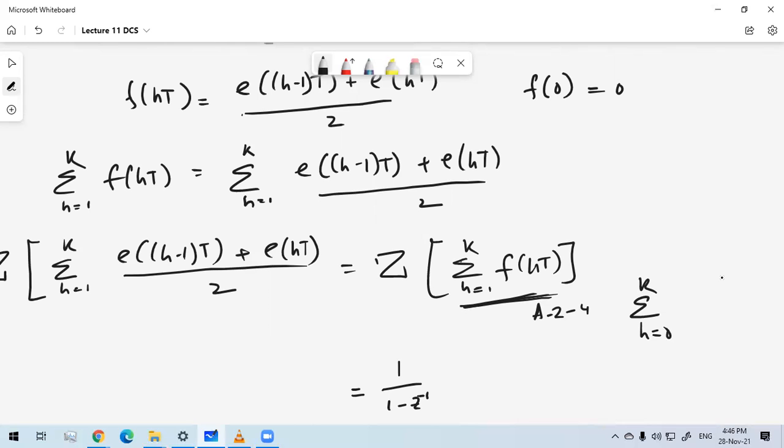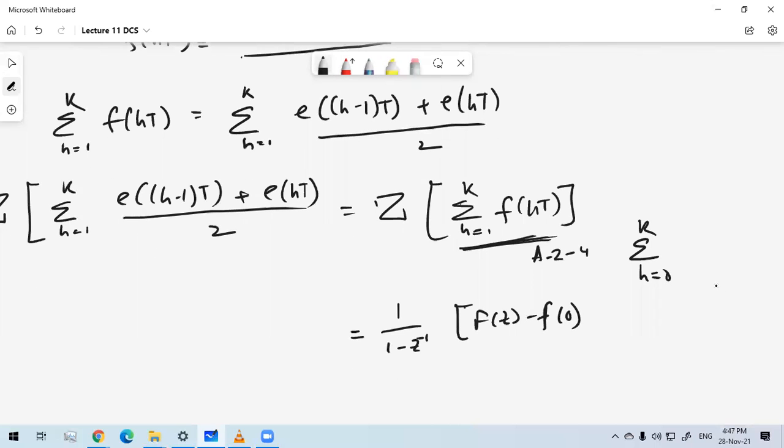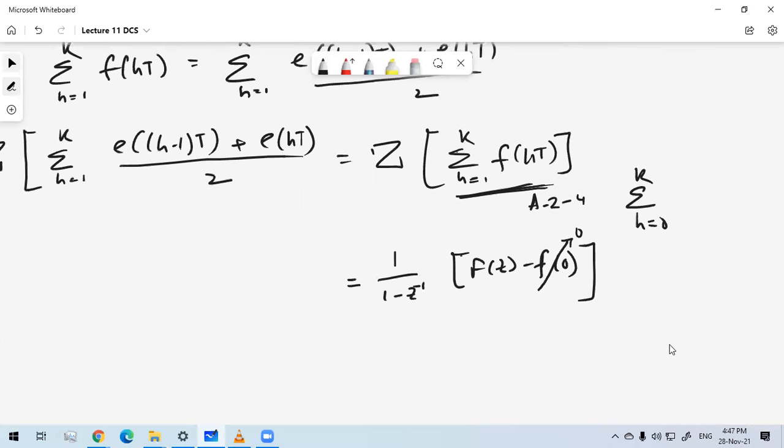Just review A24 if you want. It equals F(z) minus the first item that is not present in our case, so you have to subtract that one. But luckily for us, we have already figured out that this initial value is 0. So what we get here is 1 by 1 minus z inverse times F(z). This is what we already figured out.